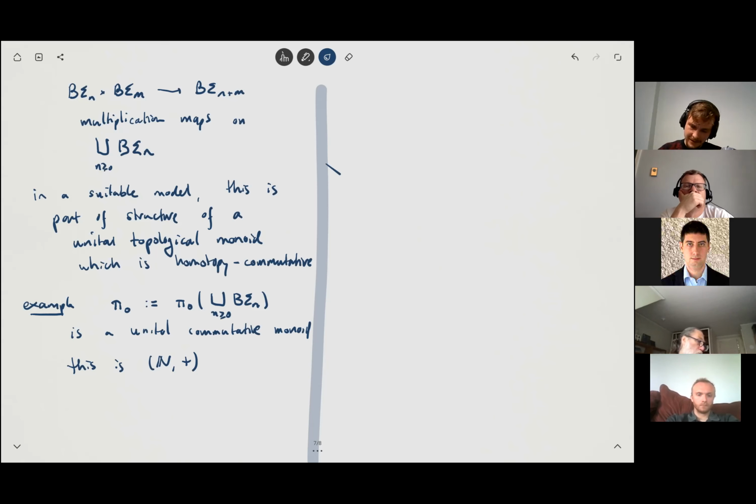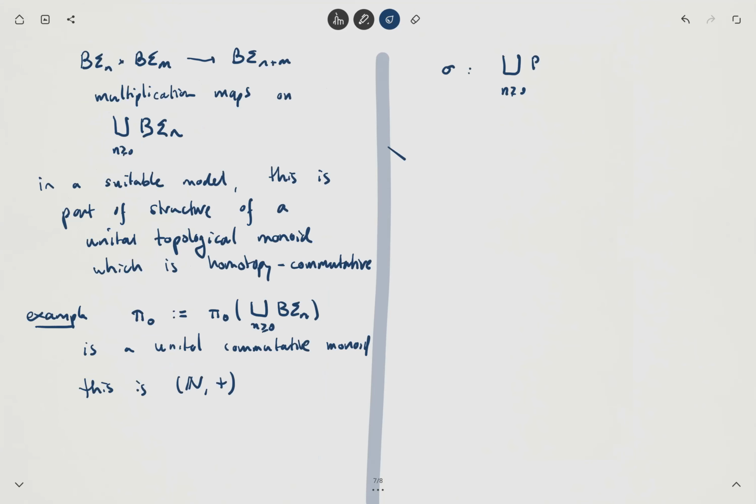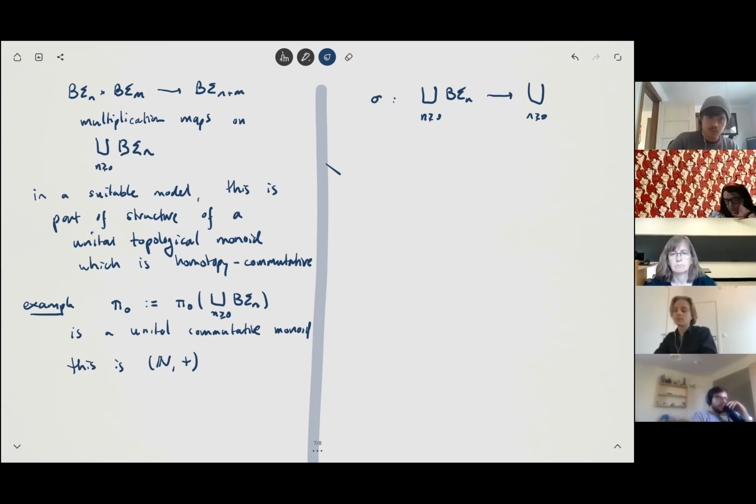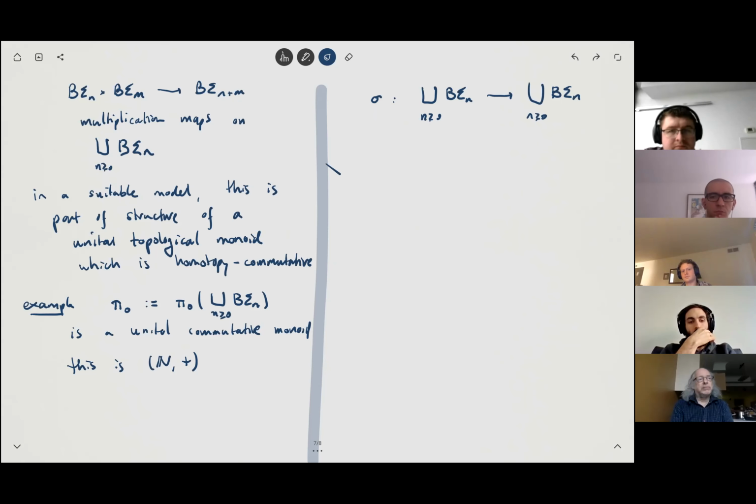Okay. So the stabilization maps that we had originally between just classifying spaces of symmetric groups induce a self map of this disjoint union, which maps the n term to the n plus first term. Okay, you can think of this as multiplying with an element of B sigma 1.